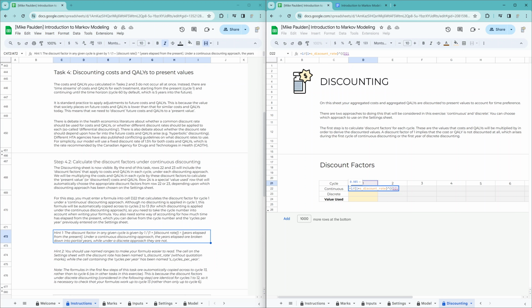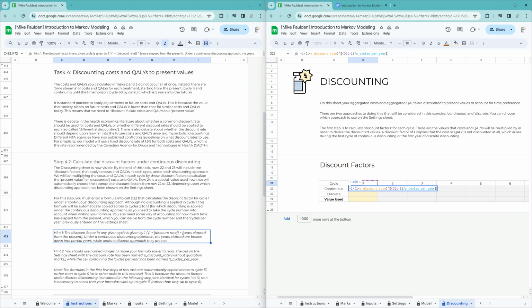What I'm going to do though is, because we use cycle 1 in this model to indicate the present, I'm just going to subtract 1 to begin with. And then I'm going to divide this by the number of cycles per year. And then I'm going to finish by closing the brackets.